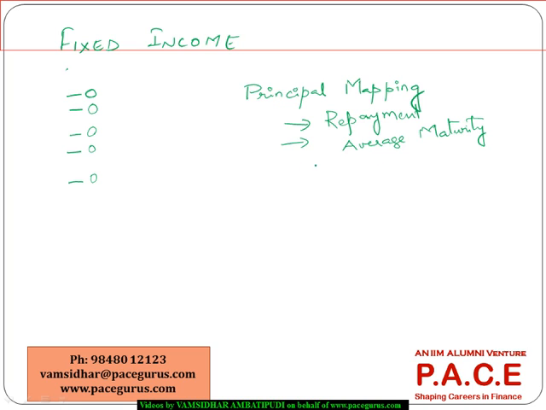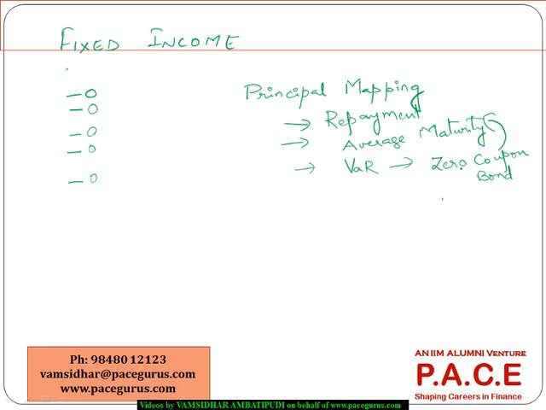Average maturity period of the portfolio, and from this, to compute my value at risk, I take the risk of a zero coupon bond. The simple way to compute the value at risk here is to consider the risk of a zero coupon bond whose maturity equals the average maturity of the portfolio.